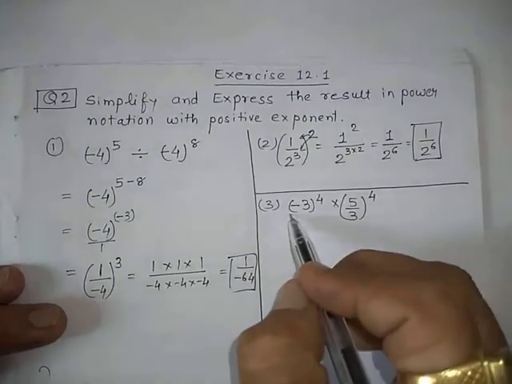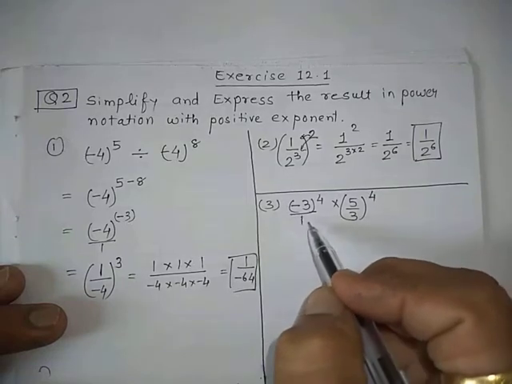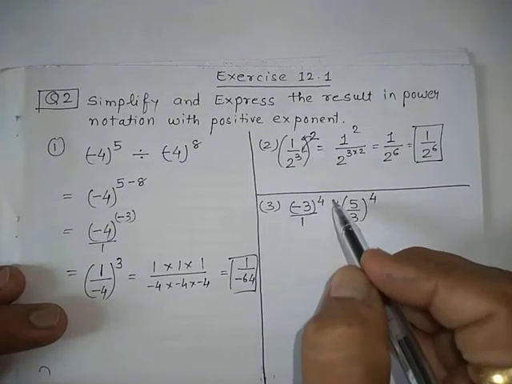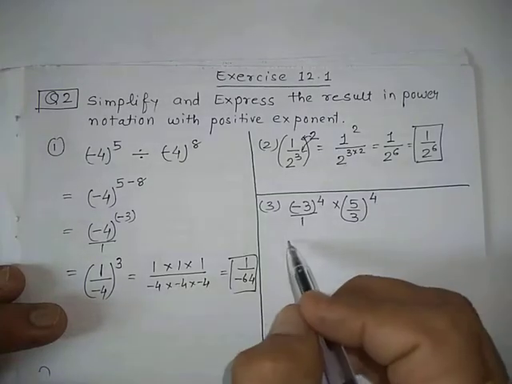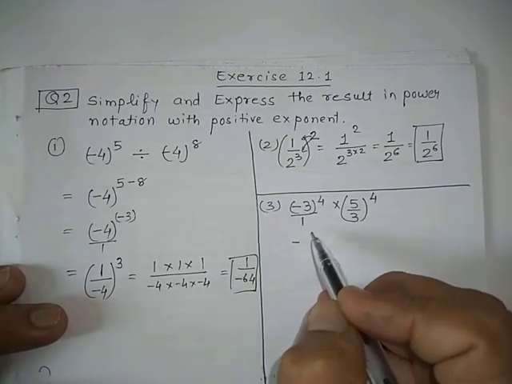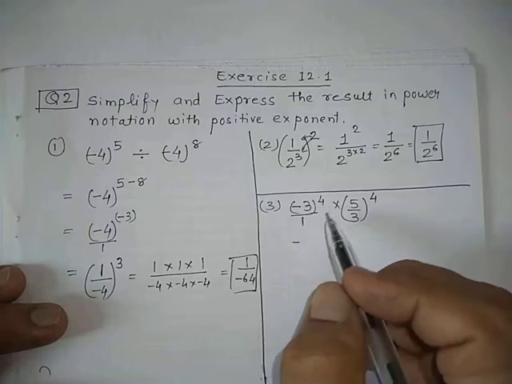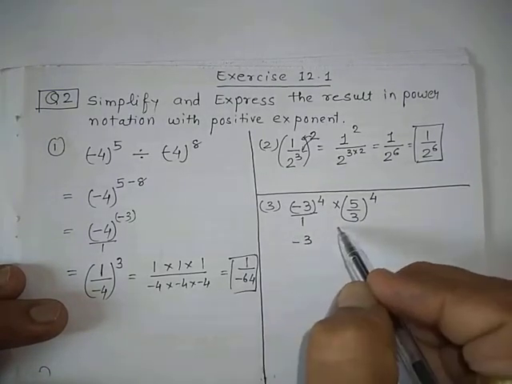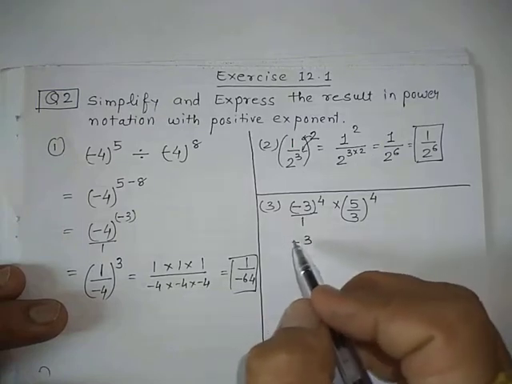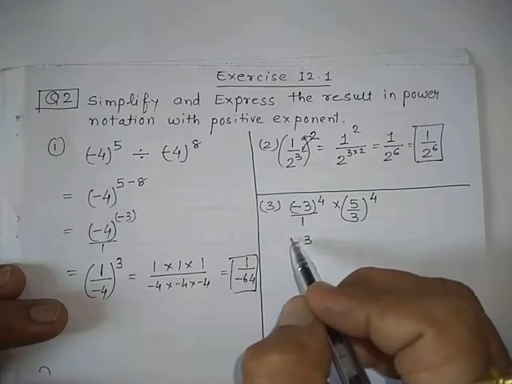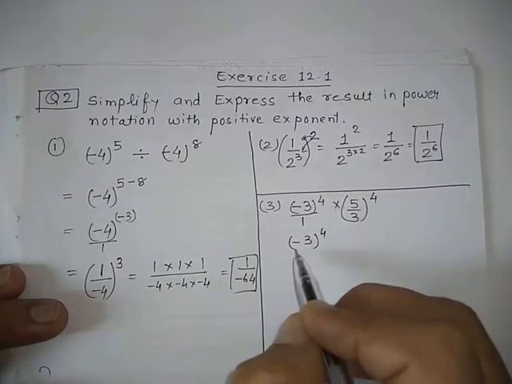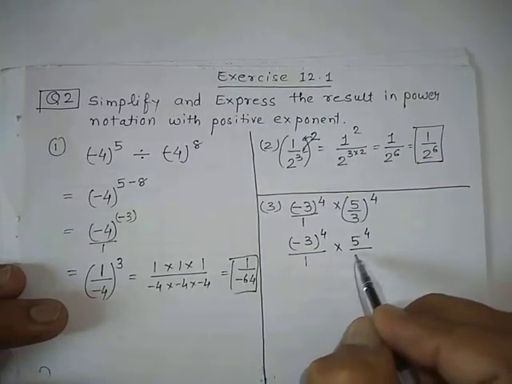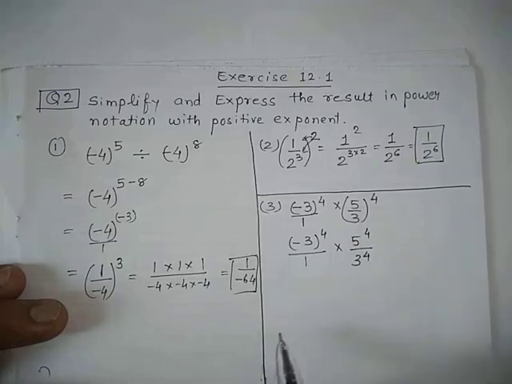Similarly for this one also, but here there is no denominator in fraction form, but minus 3 upon 1 raised to 4, and here also positive. So minus 3 is given to us and the power is 4, and no denominator, 1, and 5 is also having 4 power and 3 is also having 4 power.